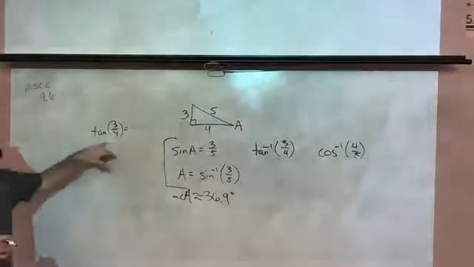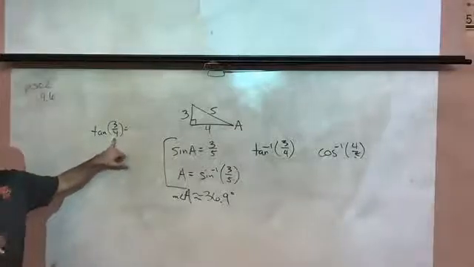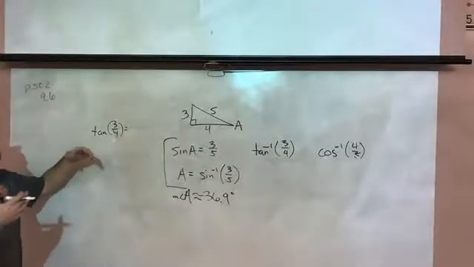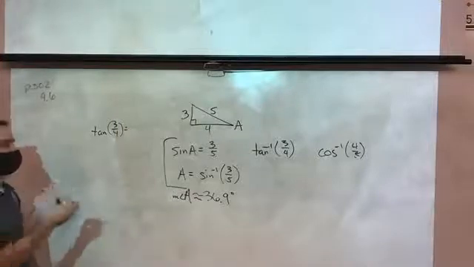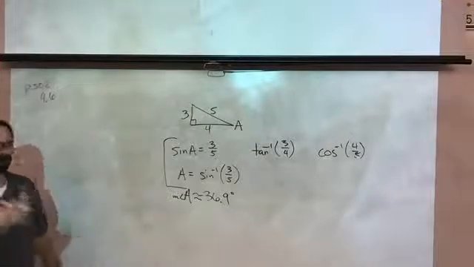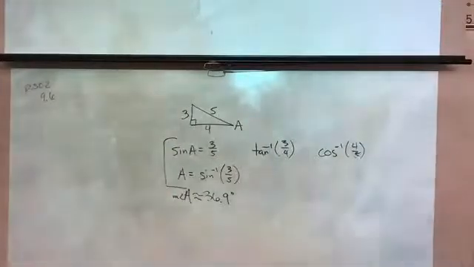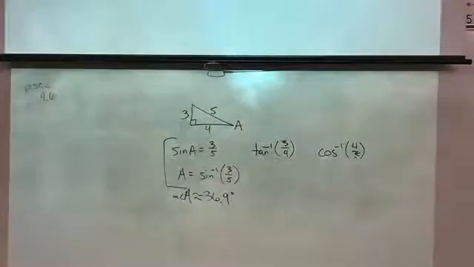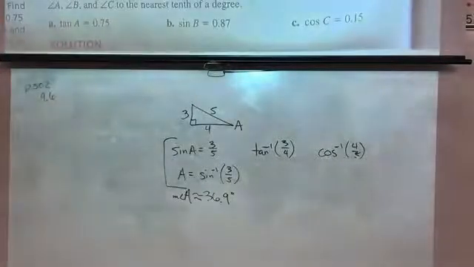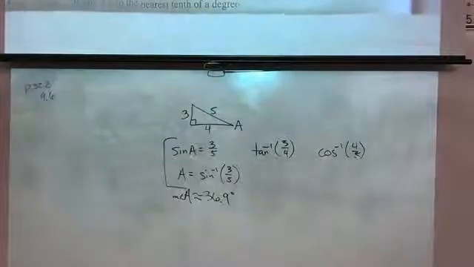Well, that's finding the tangent of a 0.75 degree angle. That's not finding the angle that we want. You have to use the inverse if you're looking for an angle. That's the big takeaway there. All right, so we'd be able to do those, no problem, we're just typing those in. Questions on that?